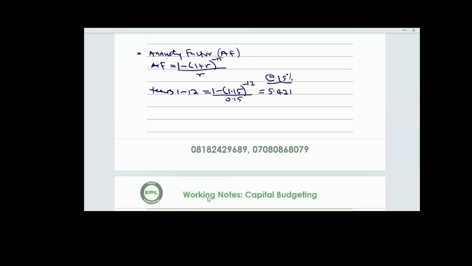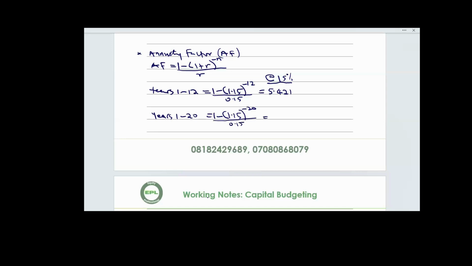Now we want to calculate the annuity factor of years 13 to 20. How are we going to do that? What you are supposed to do is to calculate the annuity factor of year 1 to 20 first. So I will come here, years 1 to 20, which is 1 minus 1.15 raised to power minus 20, divided by 0.15.